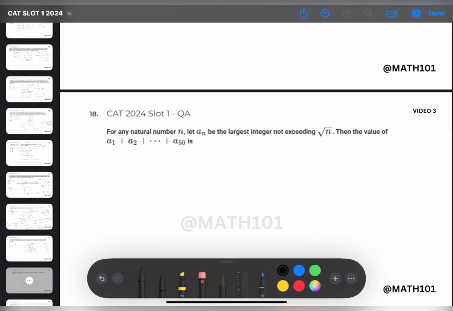For any natural number n, let a_n be the largest integer not exceeding root n. So a1 is 1, a2 is 1, a3 would be 1, a4 would be 2.